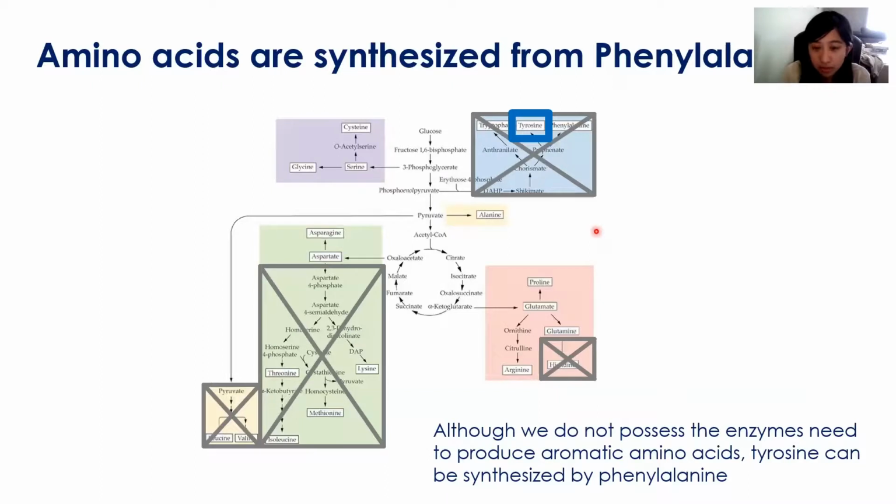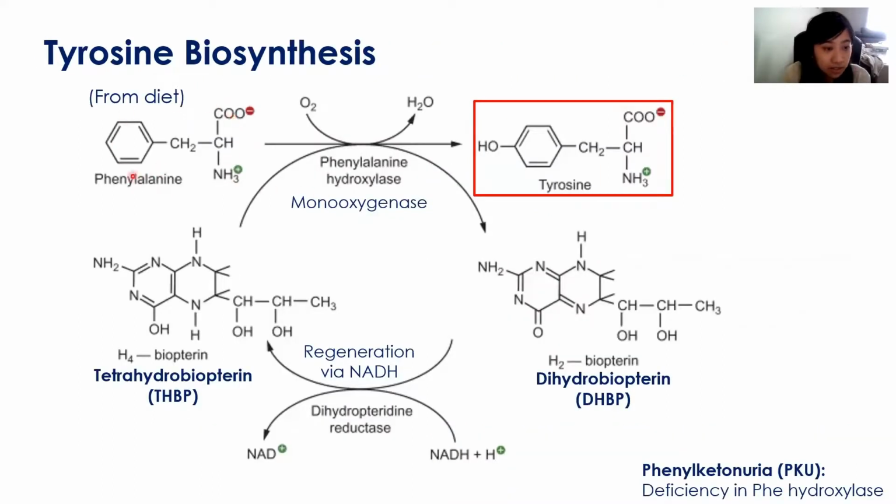So now the last amino acid we're going to go over in human biosynthetic reactions is tyrosine. So tyrosine is actually not formed via the typical aromatic amino acid biosynthetic pathways. Tyrosine is synthesized from phenylalanine in humans, and the phenylalanine is acquired via our diets. So the phenylalanine from our diet is converted to tyrosine using oxygen and THBP.